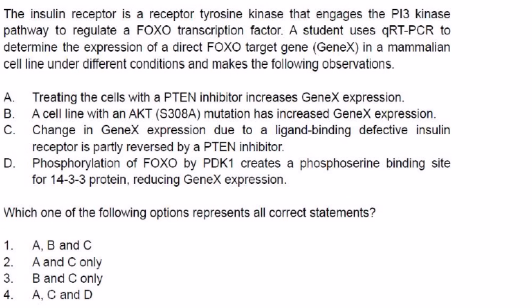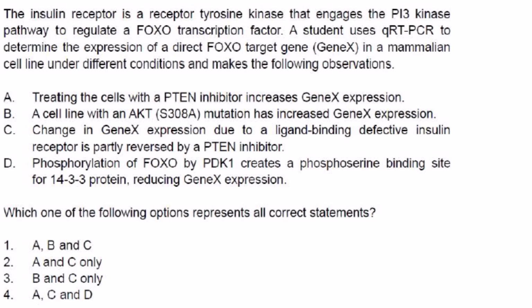Okay, the next one. The insulin receptor is a receptor tyrosine kinase, which means it can phosphorylate and engage the PI3 kinase AKT pathway to regulate the FOXO transcription factor. FOXO is a transcription factor involved in the transcription of genes.